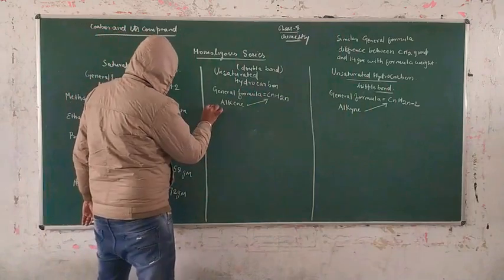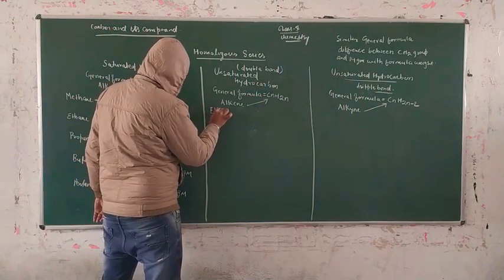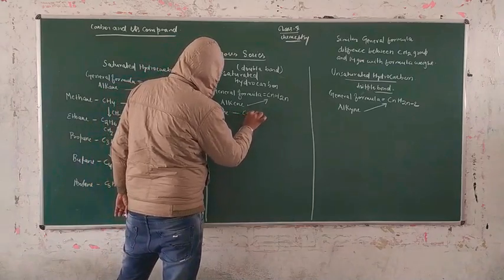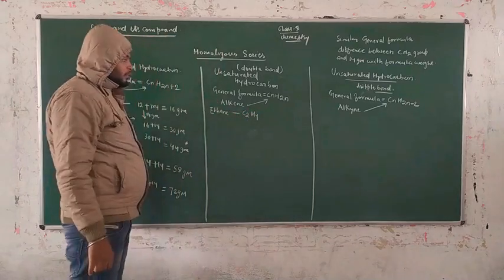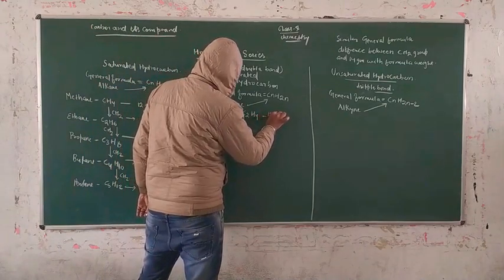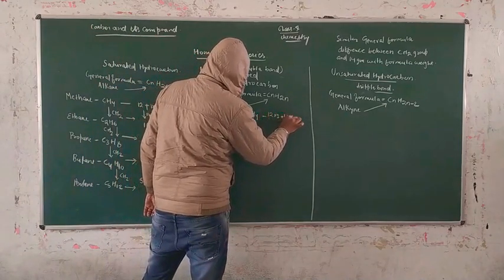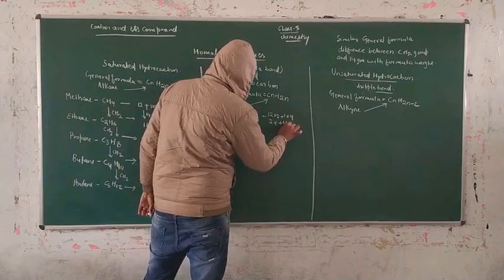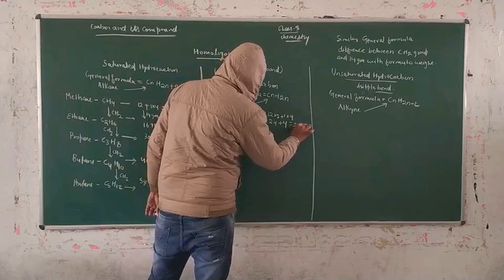Our first compound is ethene, C2H4 is this, and its formula weight is 12 into 2 plus 1 into 4 is equal to 24 plus 4 is equal to 28 gram.